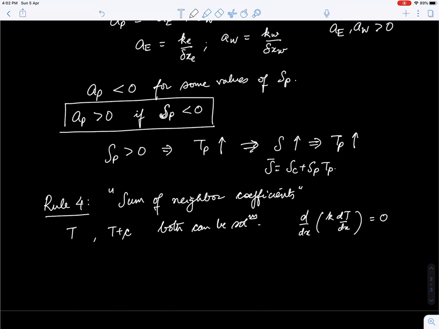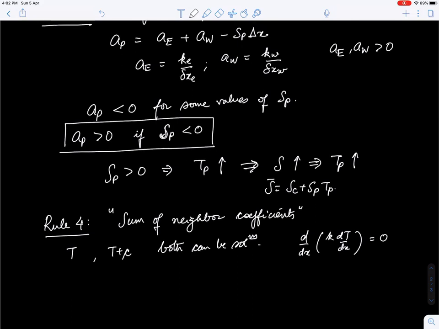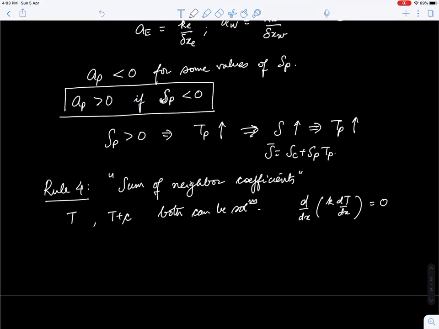And if I look at my discretization equation, it's clear that if T plus C is a solution, so if I increase the temperature everywhere by the same amount, that should translate to the nodal value also increasing by the same amount.